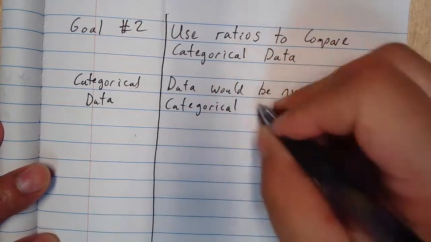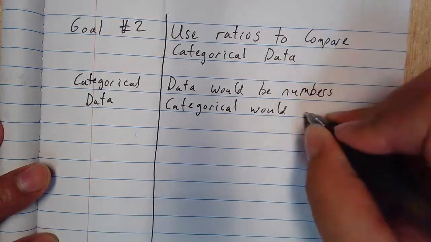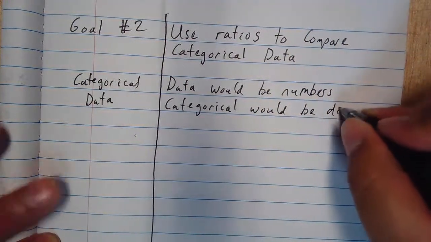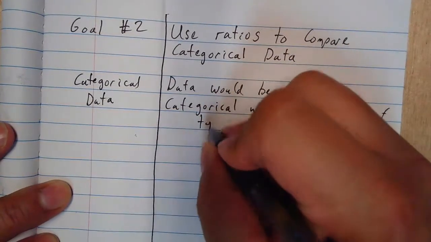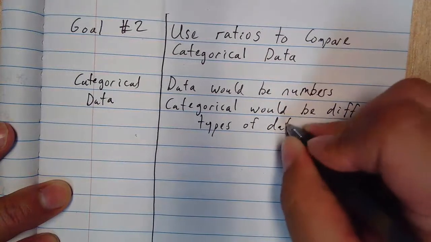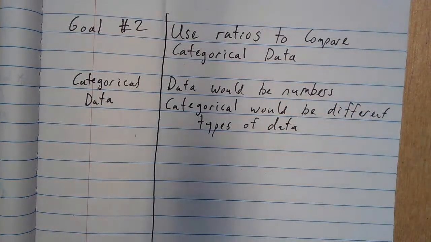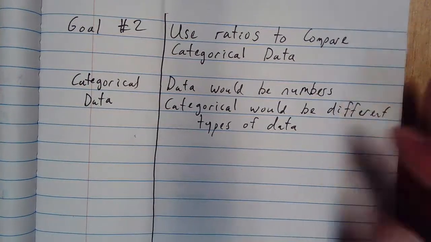They go together. Categorical would be different types of data. And again, I'm giving you a definition that I understand. If you want to look it up for yourself and write down a technical definition, that's fine.